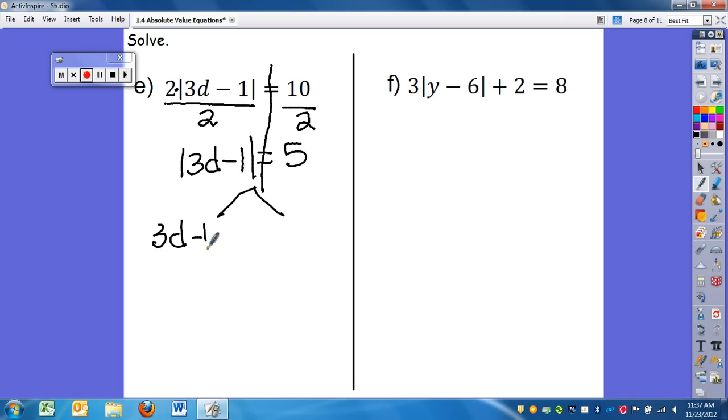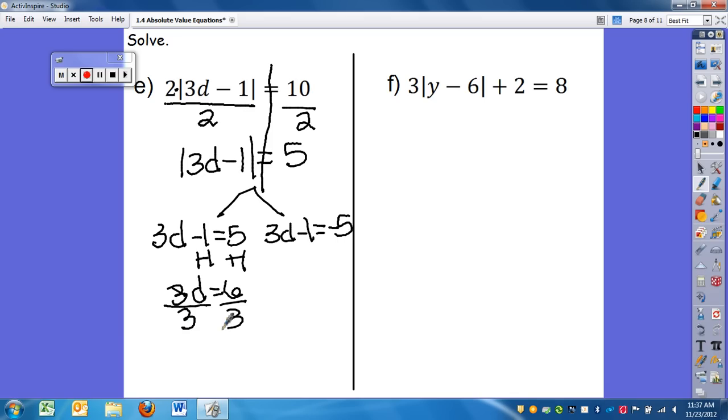Now, since it's by itself, I can do my two equations. So 3d minus 1 equals 5, and 3d minus 1 equals the negative distance, which is negative 5. Add 1. 3d equals 6. Divide by 3. d is 2.